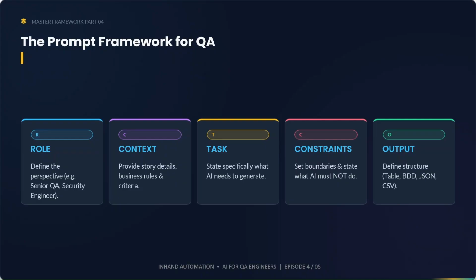Remember this, guys. RCTCO. What is RCTCO? RCTCO is role, context, task, constraint, and output. Let's understand each one of these in detail so that you will understand how to write a very good prompt.